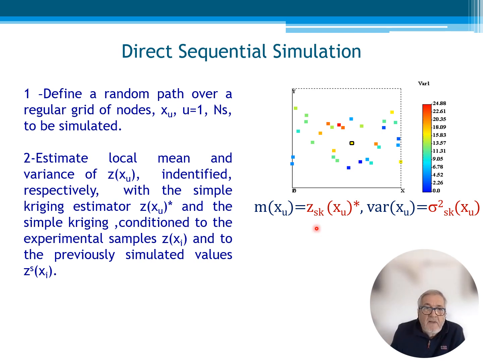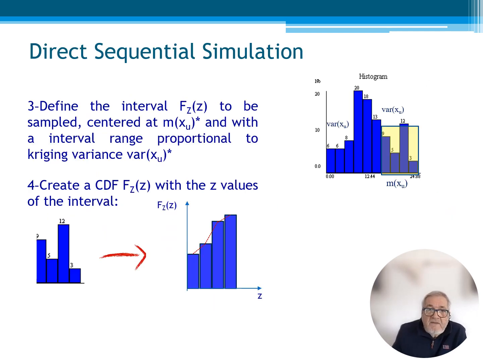So let's see the main steps of direct sequential simulation. After we define random paths over the regular grid of nodes to be simulated, we estimate the local mean and variance, identified respectively with the simple Kriging estimator and simple Kriging variance, conditioned to the experimental samples surrounding samples z(xi) and to the previously simulated values z_s(xi).